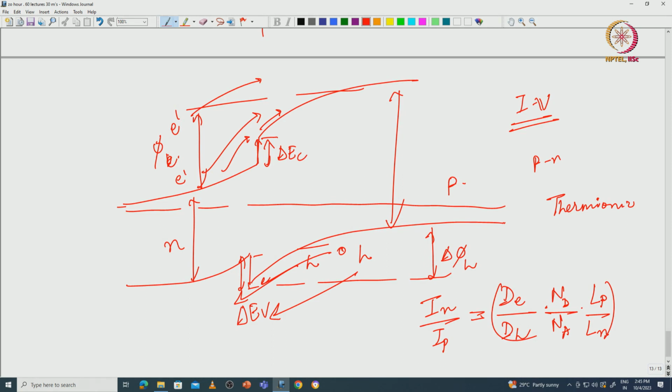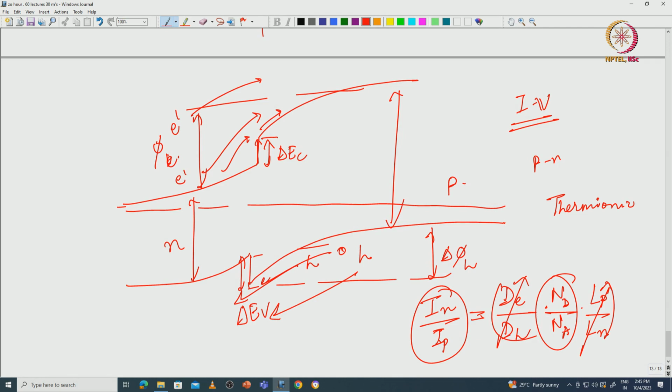What it means is that in a normal PN homojunction, the ratio of electron and hole current can be tuned only by changing the doping, because you cannot do much about the diffusion coefficients or the diffusion lengths. But in a heterojunction you have an extra knob.